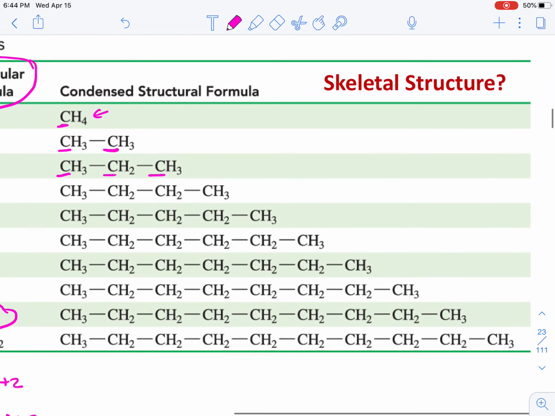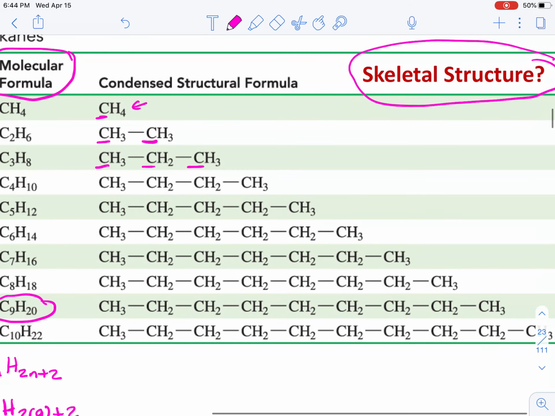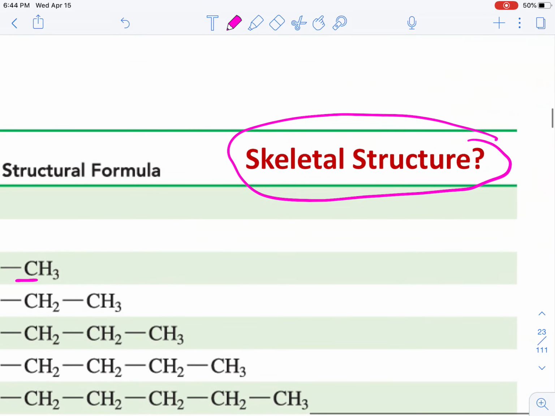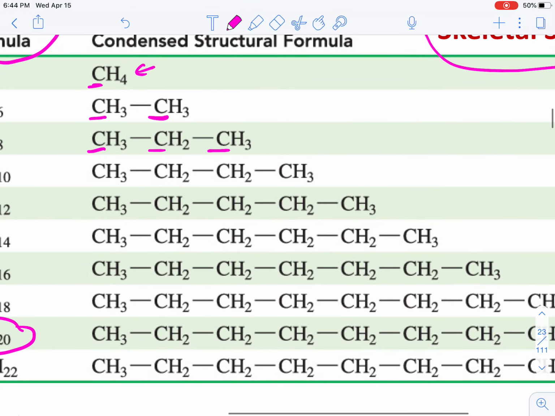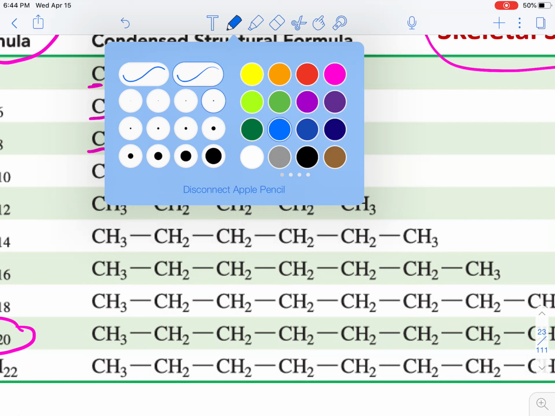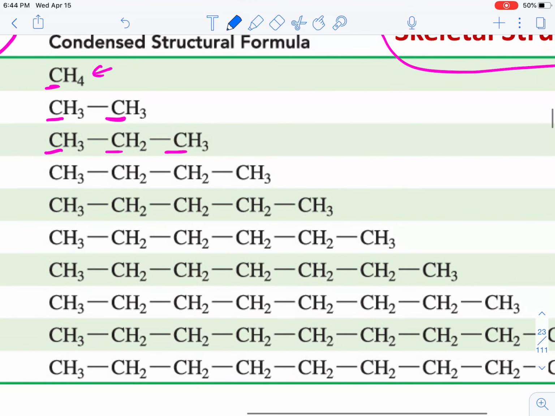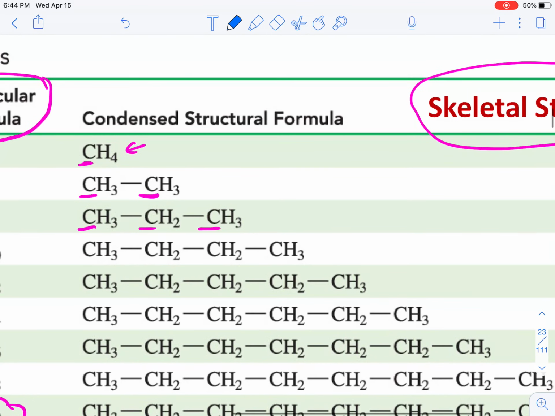All right, and so how do we depict the skeletal structure of these condensed structural formulas? Remember, the skeletal structure is the squiggly lines, where each vertex represents a carbon in your condensed or expanded structure. When writing the skeletal structure for methane, you just write it as is.